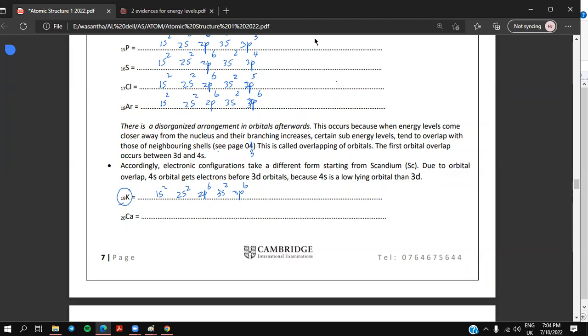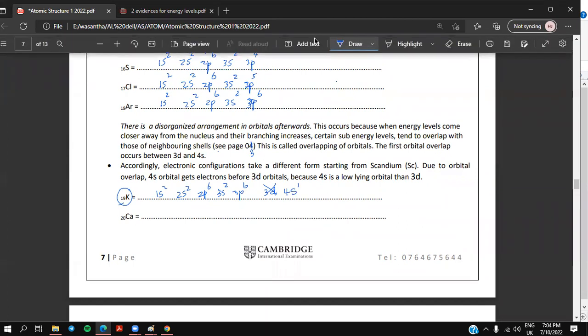After 3p, where can I go? Can I go to 3d? No, you can't go to 3d. Actually, 3d is coming after 3p in the third quantum number, but because of electron overlapping, after 3p, electrons go to 4s, 4s1.